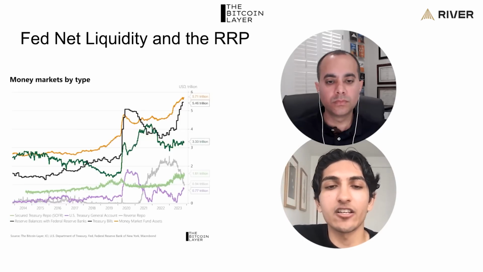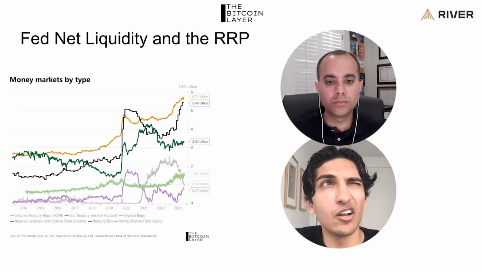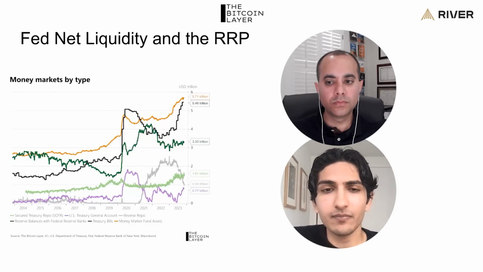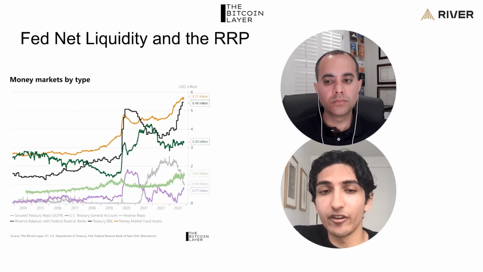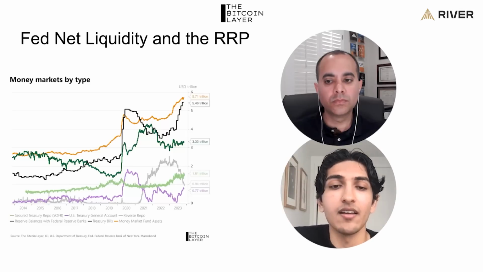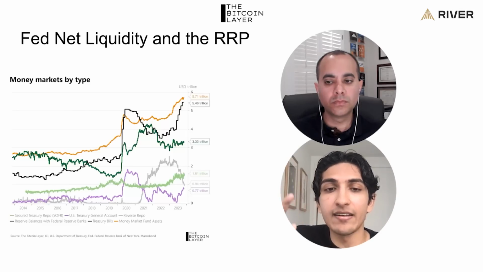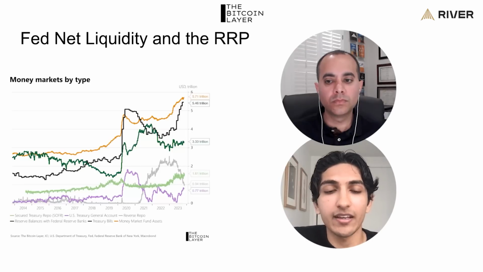So you would expect the reserves that banks are holding to also fall. But what we've noticed in the last year or so is that the reserves on private bank balance sheets have actually been increasing. That's what people generally refer to as Fed net liquidity, meaning how many reserves are floating around in the banking system.